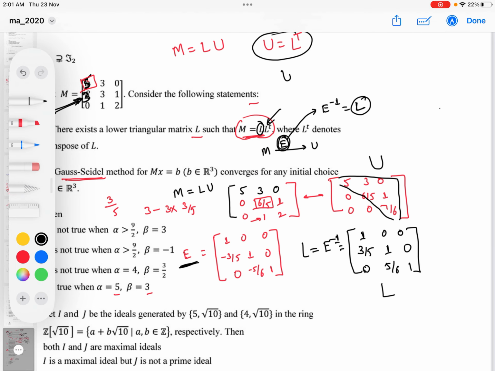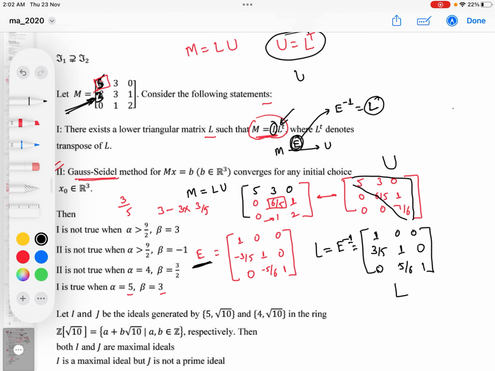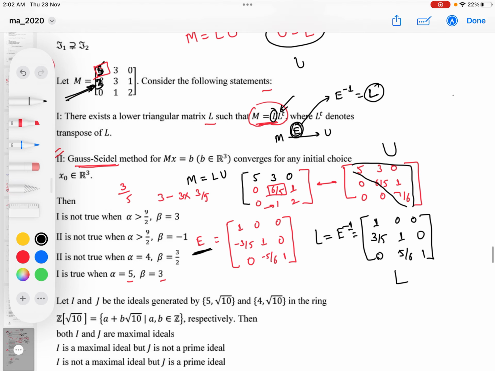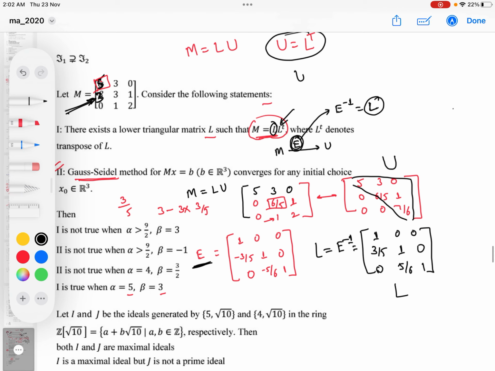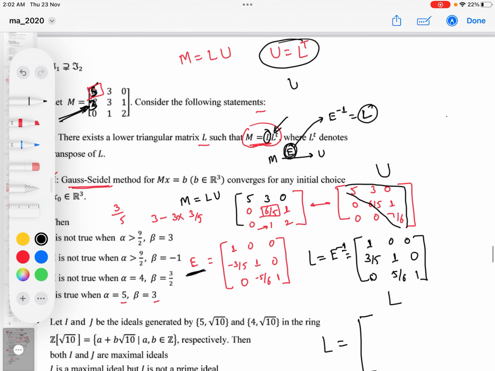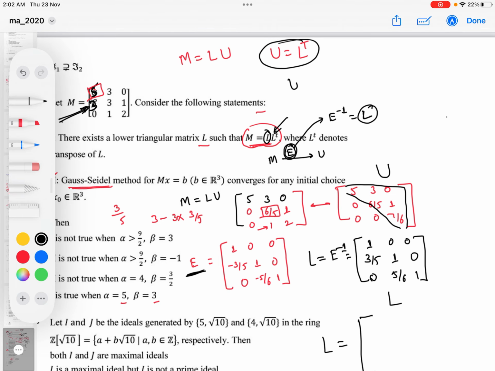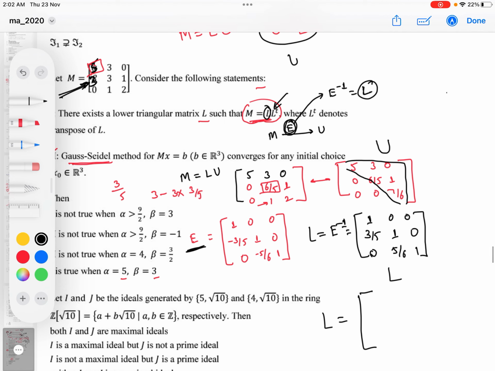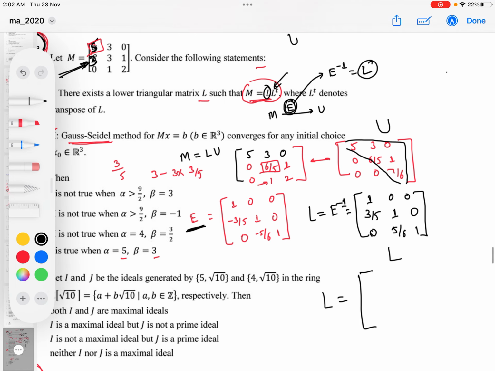So what can we do? In the upper triangular matrix we have this 5 3 0 in row 1. So let's first take the transpose of the lower triangular.